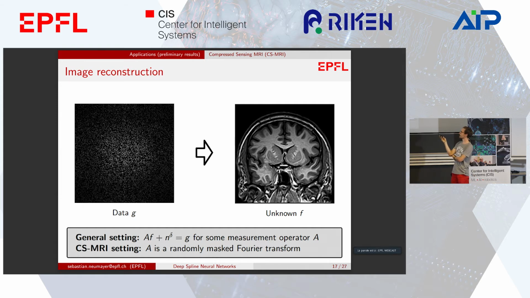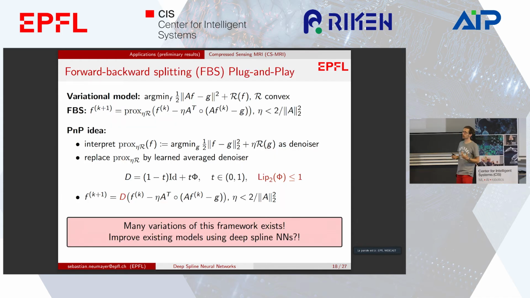The setting can be described in terms of an equation, A times f plus the noise is equal to the data g, for the measurement operator A, which here would be just the Fourier transform and a masking. If you want to solve this inverse problem, one approach would be a variational model.